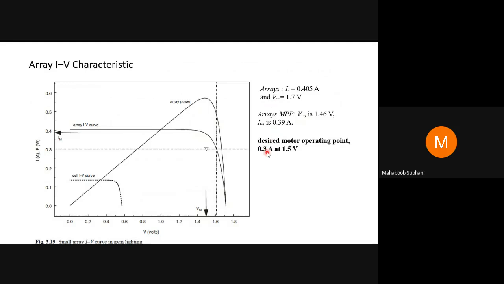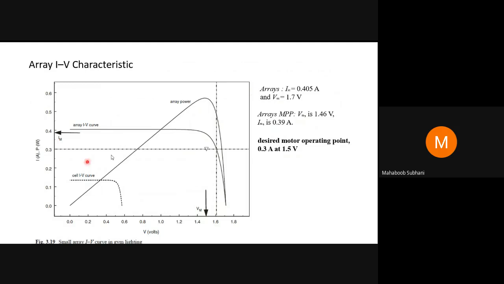So the desired value is 0.3. If you just extend this 0.3 value onto this curve, which exactly cuts here, and if you just extend the line downwards onto the voltage axis, you'll get the voltage value.